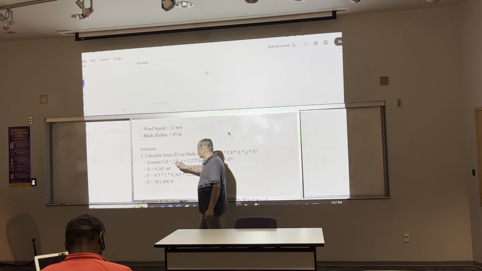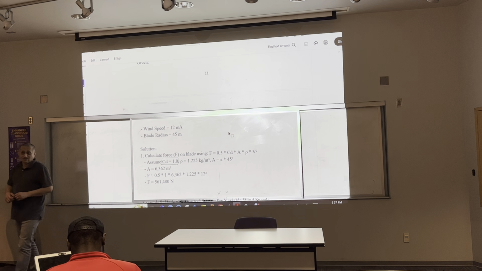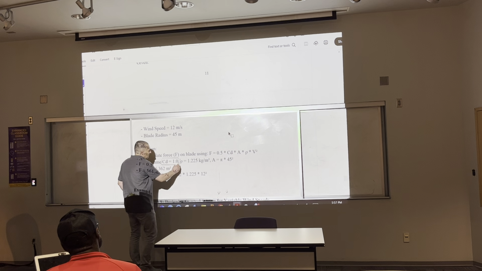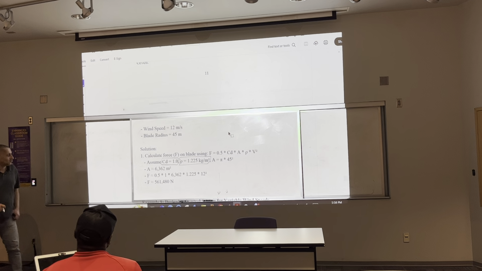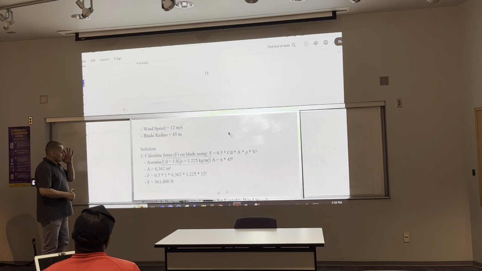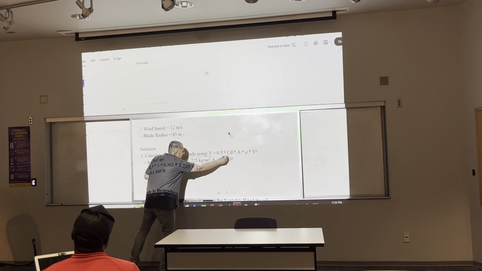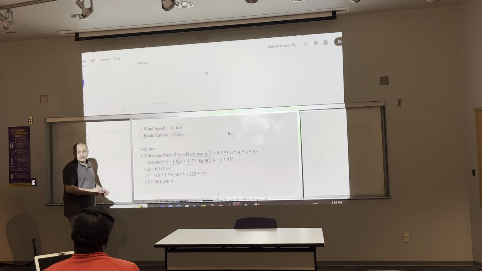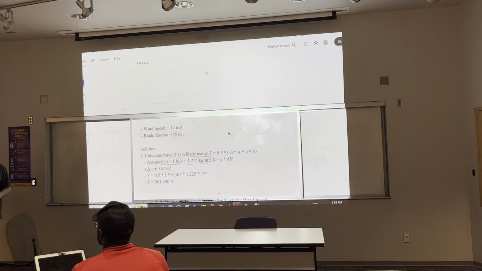You can assume C_D is 1, not given. Rho not given, you can assume 1.225. Area is pi r squared, with r given. What is C_D? Drag coefficient.